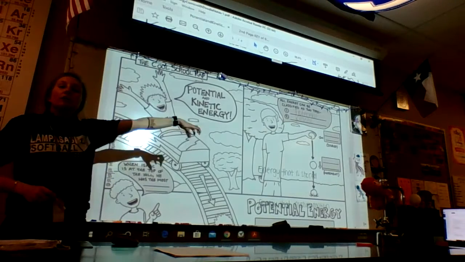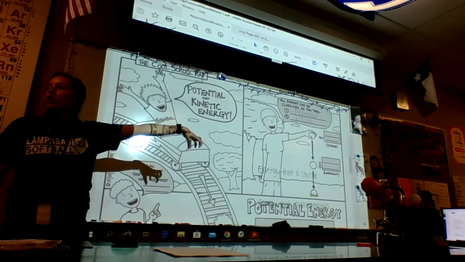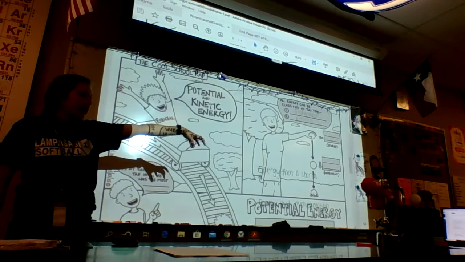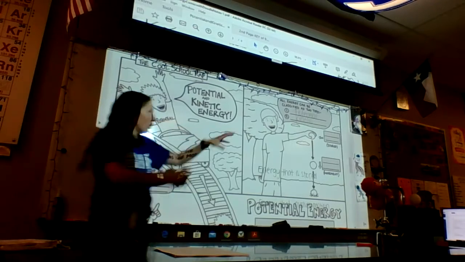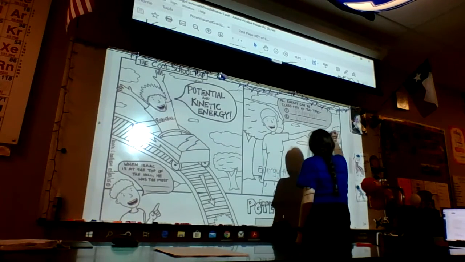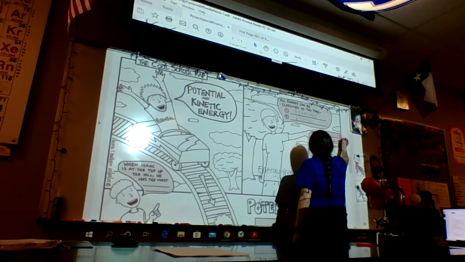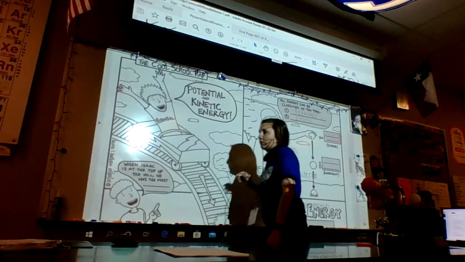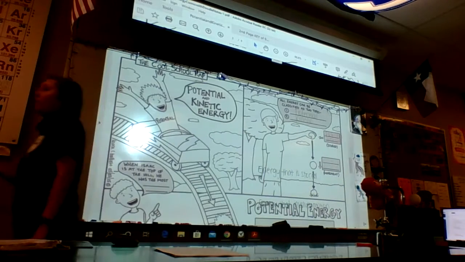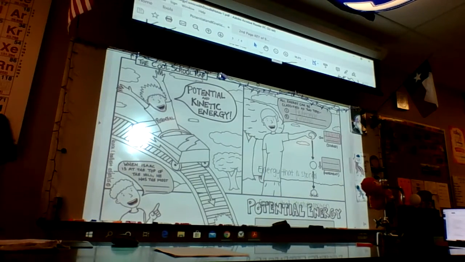She's holding the ball. Okay, nothing's really going on. What type of energy does that ball have whenever she's holding it right here? Potential. It has the potential to start moving, but it's not right now. She drops the ball, it is now moving. Now what kind of energy?